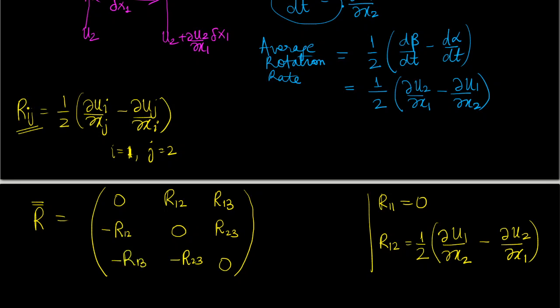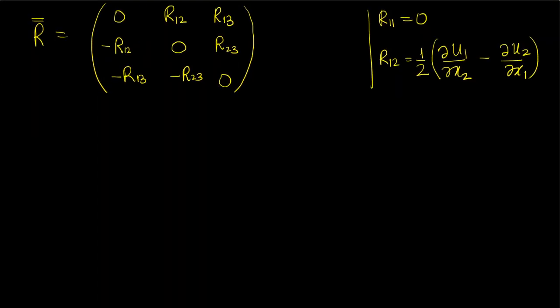We can define the vorticity of the flow field as the curl of the velocity vector. In fact, let us write it in terms of the old classical way before we go the symbolic way.